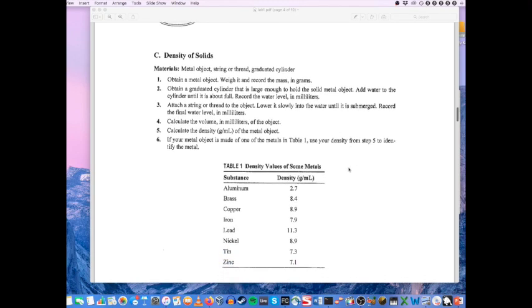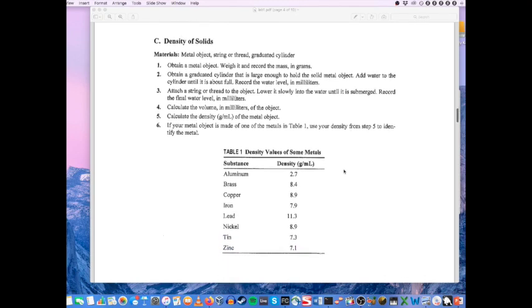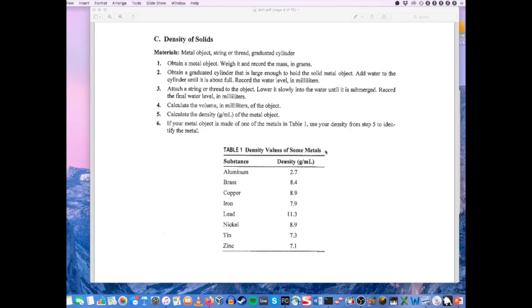So now moving on to the density of solids. Using the same technique as before with the measuring cup full of water, I am going to attempt to measure the density of nails.